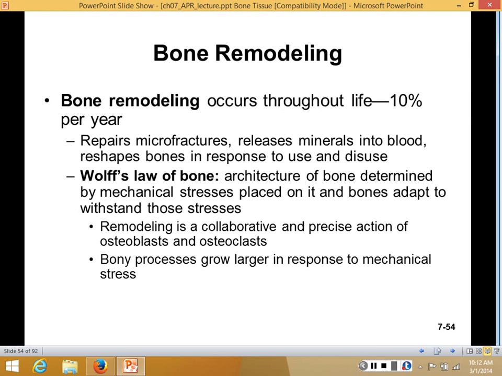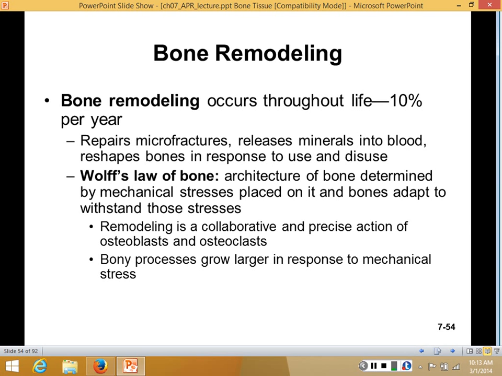It says moderate, not severe. You don't have to overdo it. Just a little bit. Keep these bones strong. Bony processes grow larger in response to stress, mechanical stress.